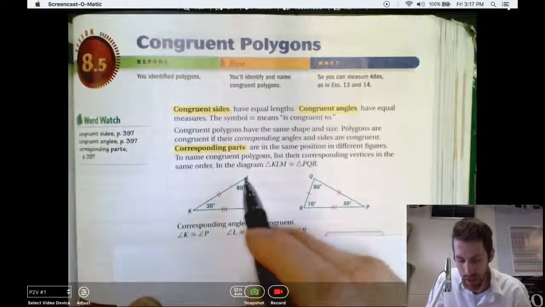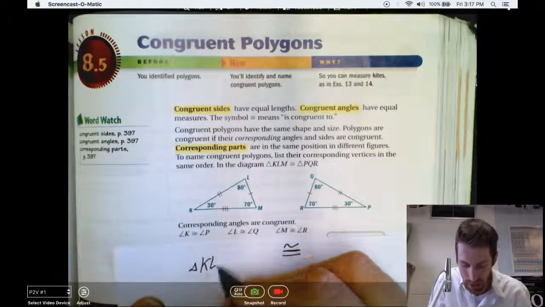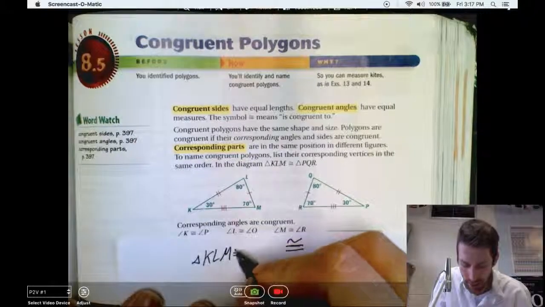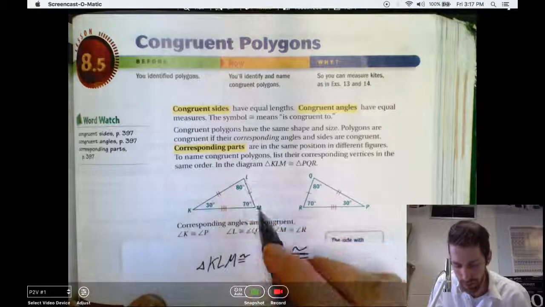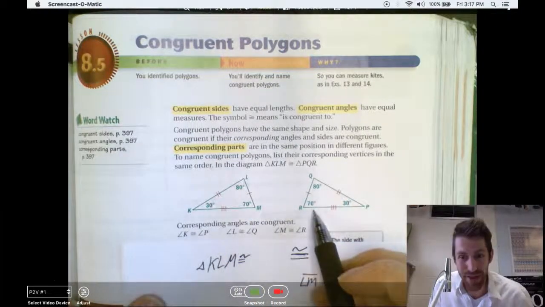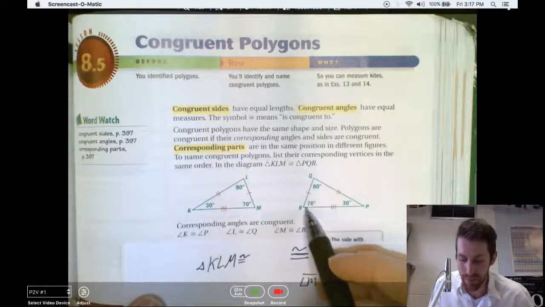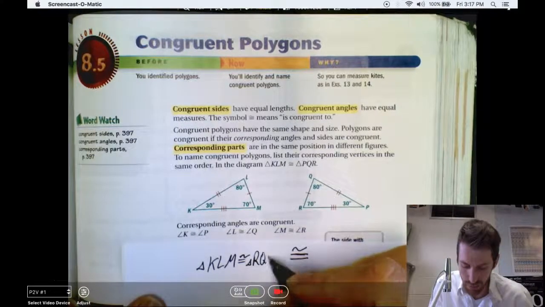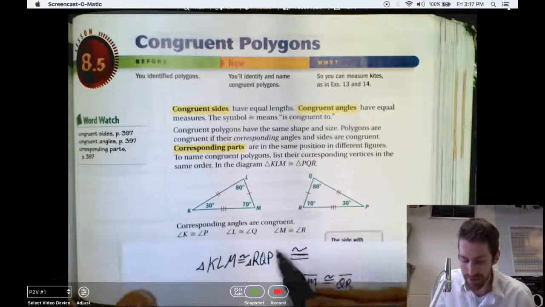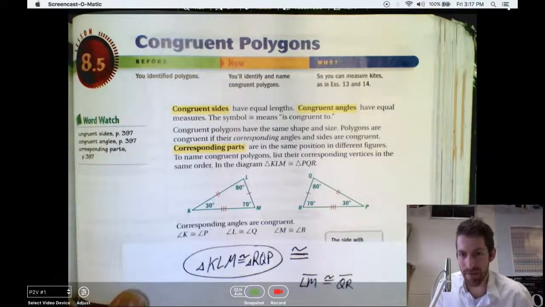So just going KLM, triangle KLM is congruent to, and I just went over on the bottom left, up to the top, and then bottom right. If I did the same thing over here, bottom left, RQP, triangle RQP, this is not correct.